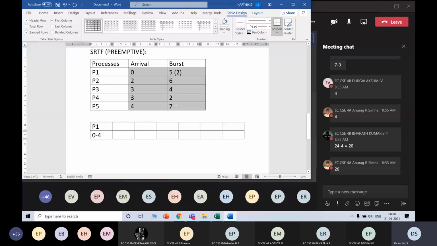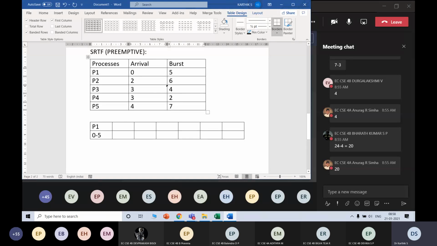All these processes have come into the picture, so the remaining time of P1 has now reduced to 1, and that itself is the minimum, so it continues for one more millisecond. It executes between 0 to 5 itself. No preemption will happen.